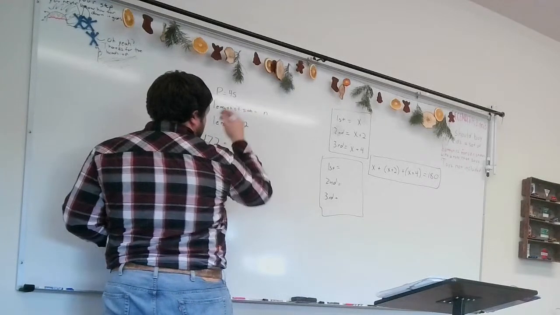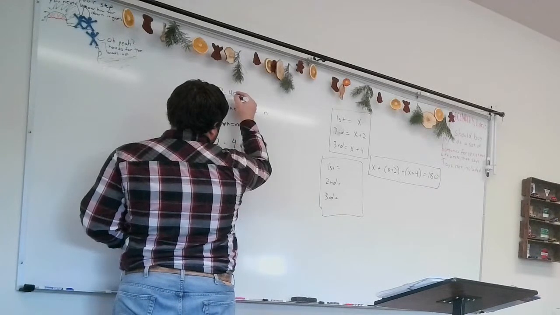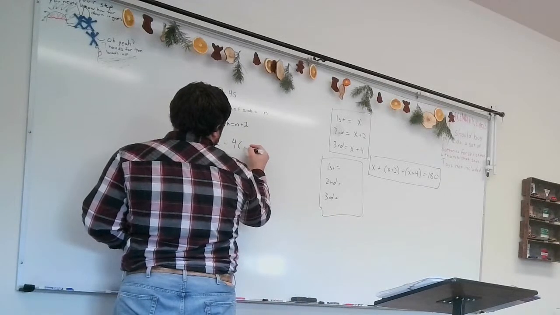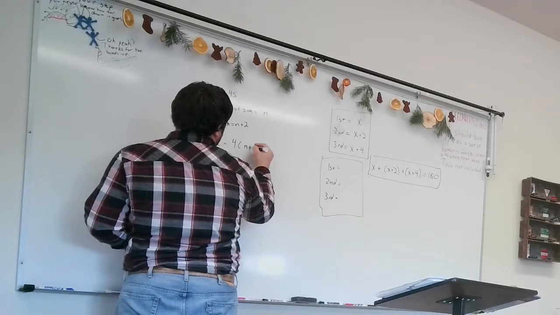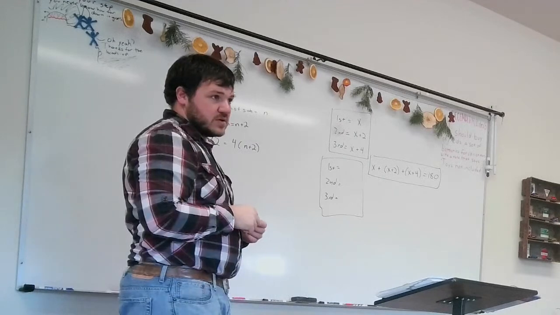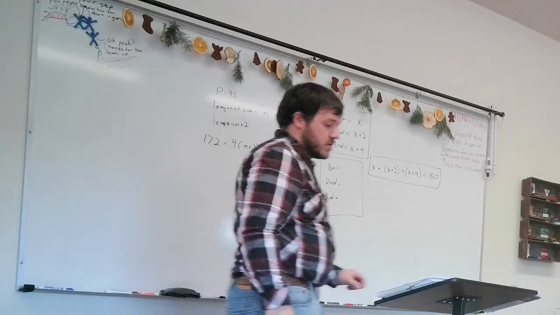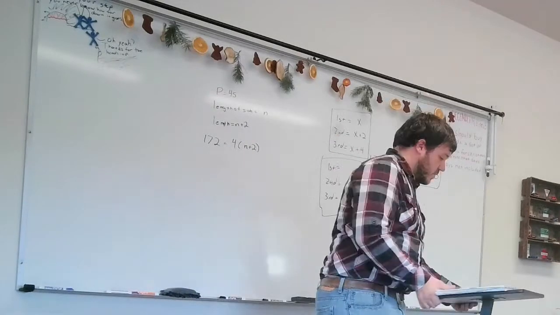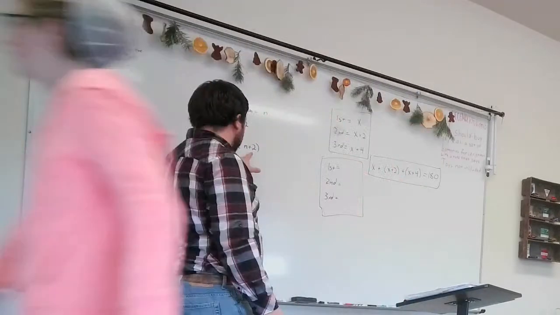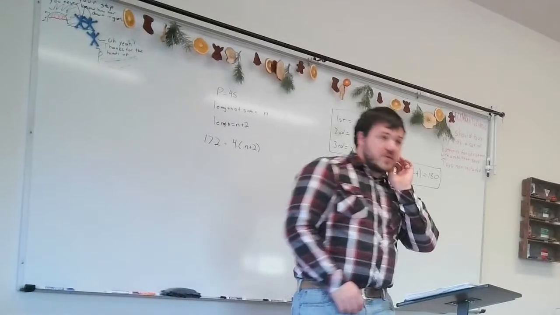So we take 4 times the length of the sides, which is N plus 2. But is that the answer? Don't you need to subtract that 4? Well, that's what you're going to do here. You want to subtract 4.